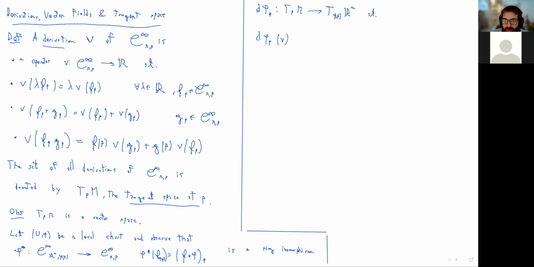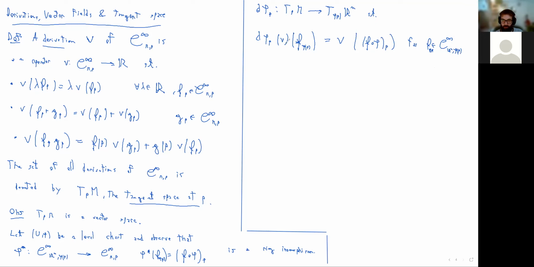So I have to tell you how it acts on germs of functions in R^n. The way it acts is that you apply the derivation V, which is a derivation on T_pM, to the function f composed with phi. Actually, not to the function, but to the germ, because that's how we define a derivation at the point p. And this is for f in R^n at phi(p).